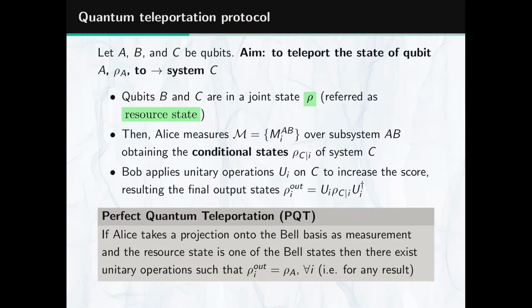This is amazing. This perfect quantum teleportation scheme works perfectly for pure states. No, for mixed also. Mixed also. Yes, and it gives always perfect results. Yes, we can do the math.